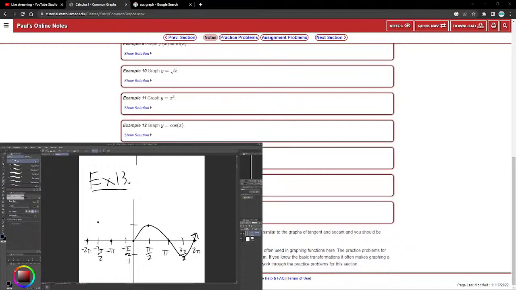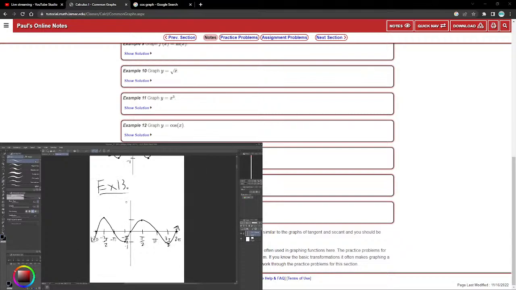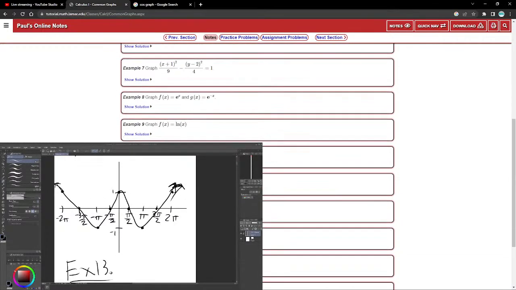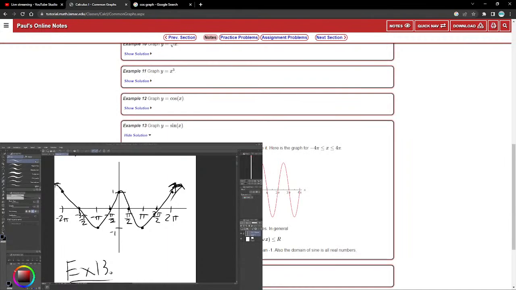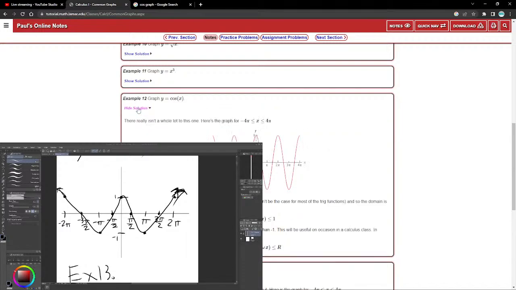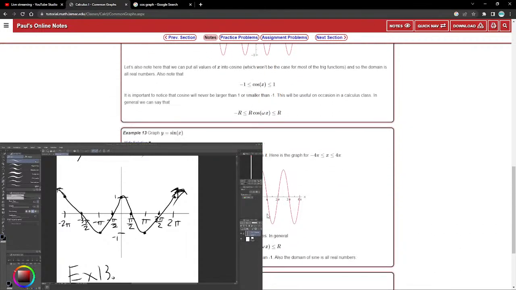Never mind. You know, I think I got cos wrong, maybe. Or no, cos is right. Okay, it was a sine.